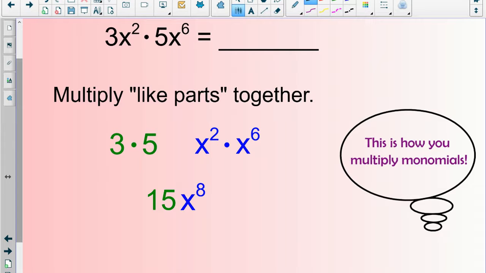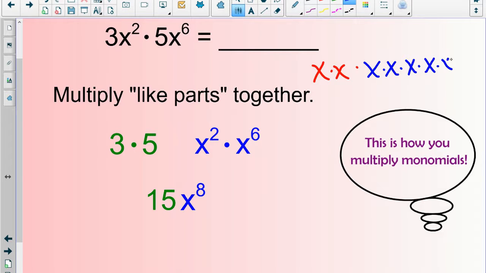And then when I multiply the x squared times the x to the 6th power, just remember that you're not actually multiplying the 2 and the 6 together, because those represent how many of the x's are being multiplied. The rule that we used for exponents told us that we should add the exponents to determine how many total x's are being multiplied together. So it should be 15x to the 8th power. So we multiply coefficients, but we add the exponents on that variable. All right, so that's how we multiply monomials together.